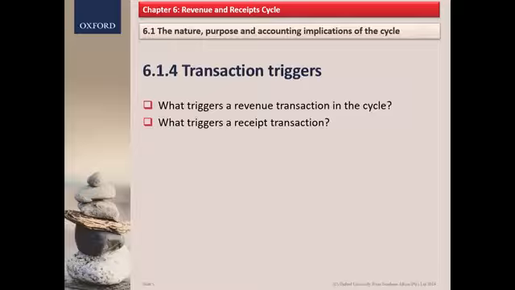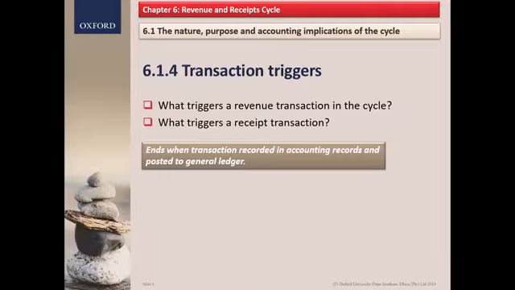It ends when you post both your revenue and your receipts transaction into your general ledger. So here it says these triggers end when transactions are recorded in accounting records and posted to the general ledger.